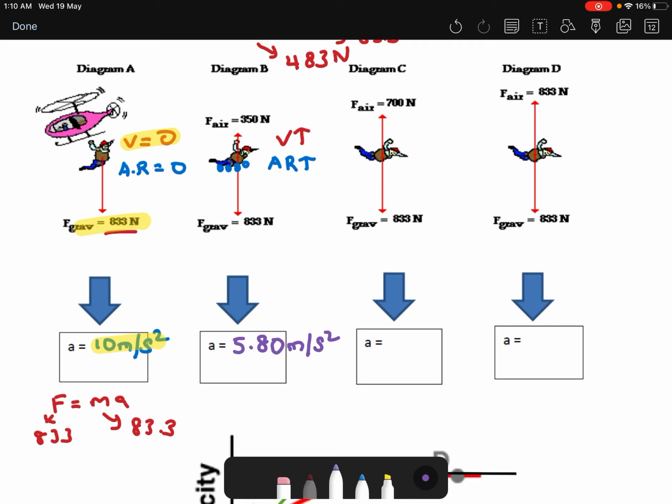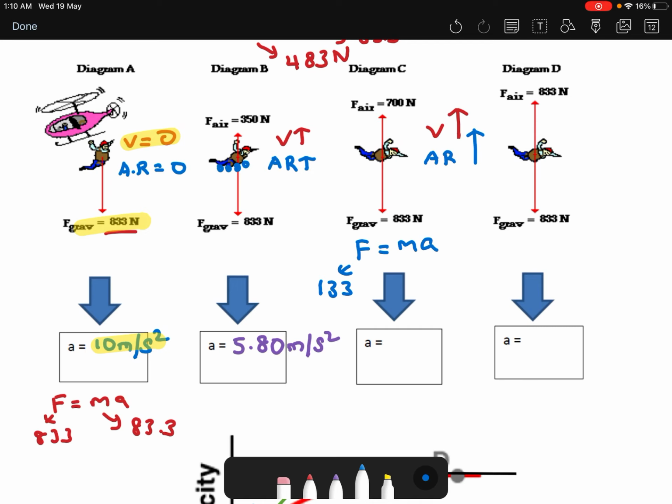In diagram C, you reach an even higher speed. Now your speed is even higher, so I draw a longer arrow, and hence your air resistance will be even higher. If you calculate using F equal to ma, your resultant force is about 133 Newton, and your mass is still 83.3.